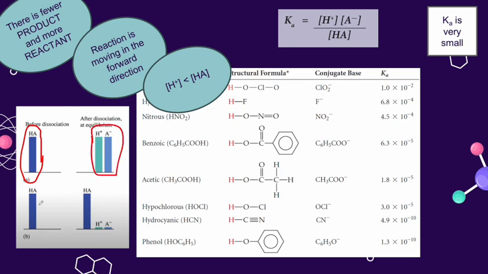Now let's compare that to B. You have your acid, and after dissociation, it's still the same, and only a very tiny bit of it is hydrogen and your anion in there. So which one do you think is a weak acid and which one do you think is a strong acid? We can see clearly that A is your strong acid and B is your weak acid.